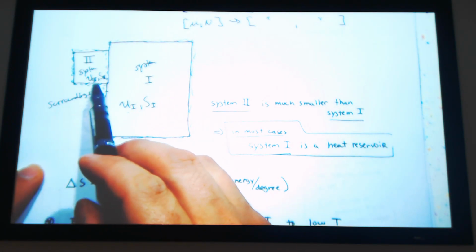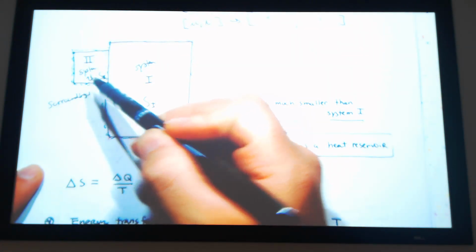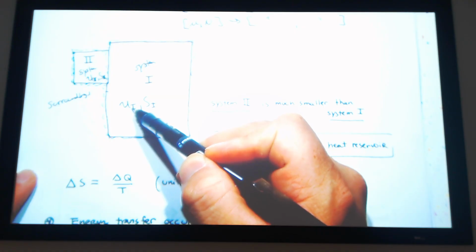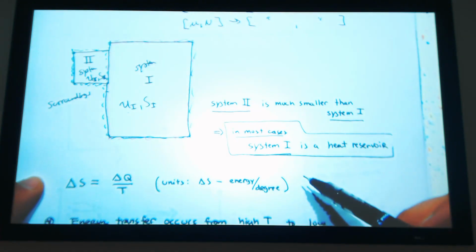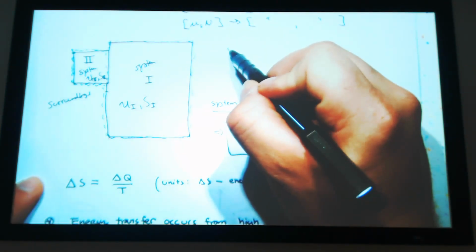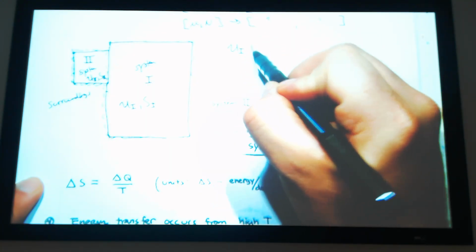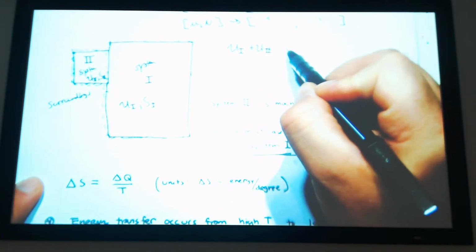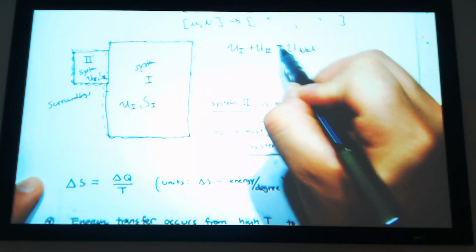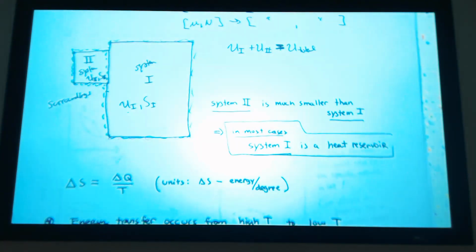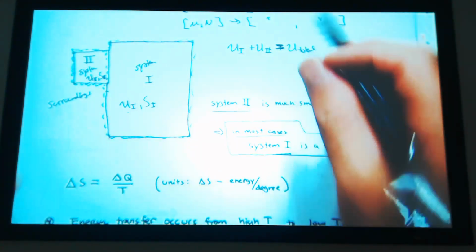Now, internal energy plus internal energy. So if I know the internal energy of system 2 and I know the internal energy of system 1, can I add them? Is this true?